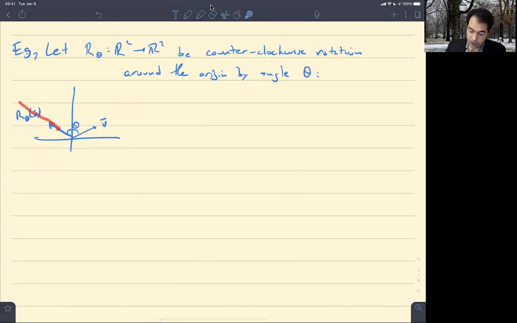And after you rotate, you get this line, right? In fact, no matter what direction you started with, you're going to rotate it and you're going to end up with a different line, unless the rotation was very special. So if theta is not equal to 0 and theta is not equal to pi, then R theta does not have eigenvectors.